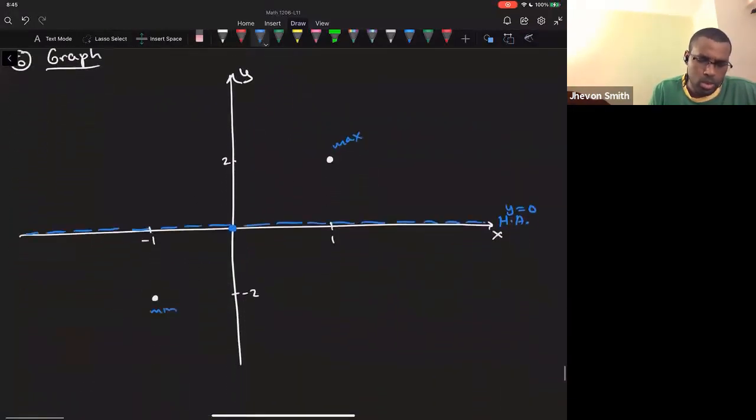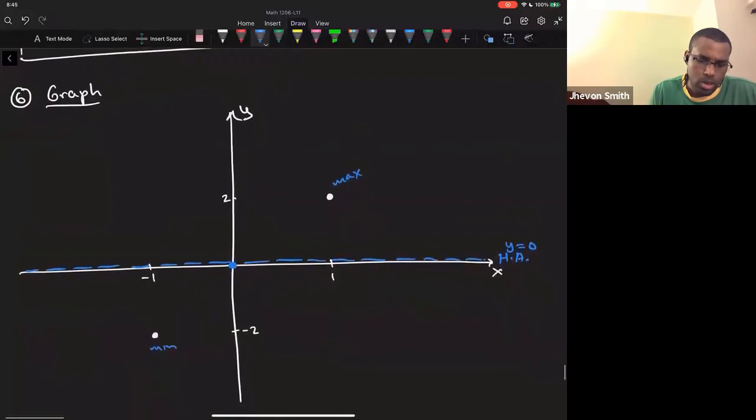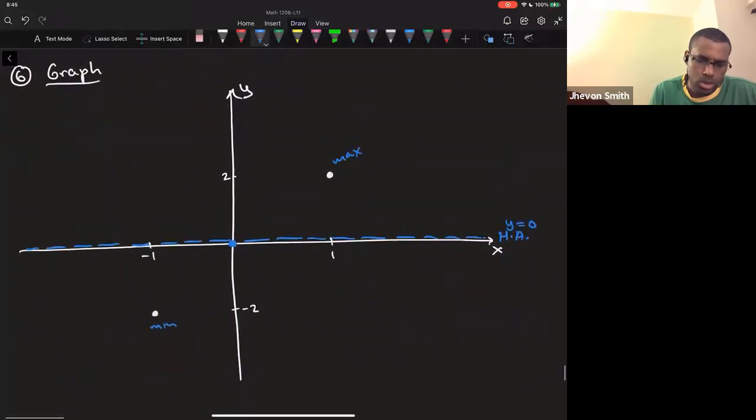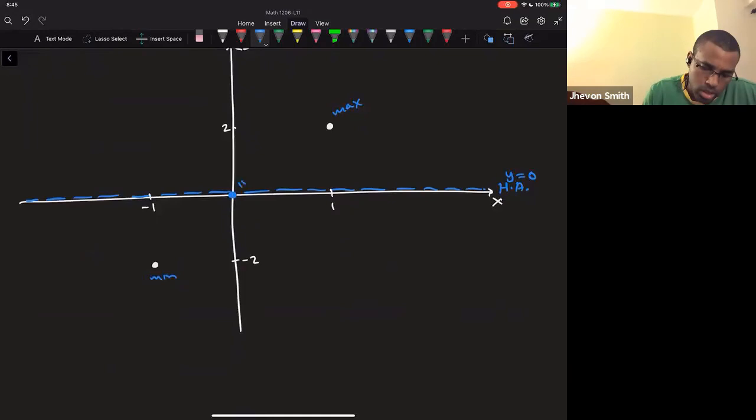We had inflection points that are going to occur. Here is an inflection. Over here is an inflection. And over here is an inflection.